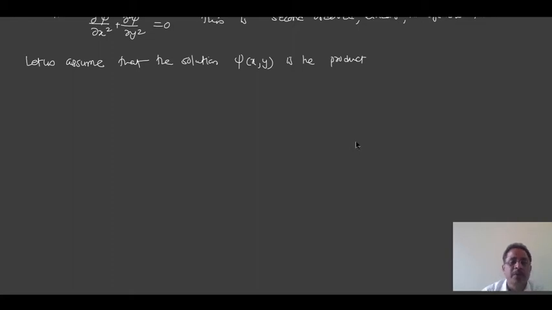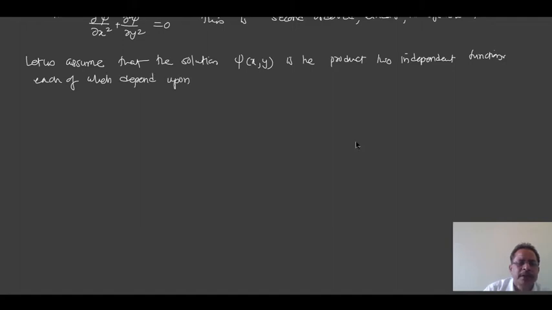psi is the product of two independent functions, each of which depends upon only one independent variable.